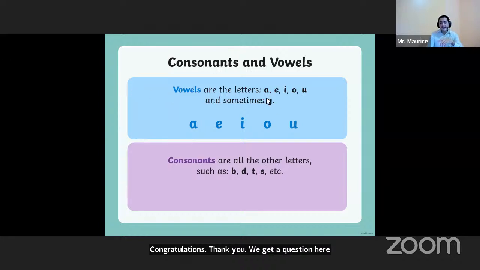Ok, hay que tener en claro esto porque vamos a aprender gramática. La gramática que vamos a aprender en este momento está relacionada al present continuous: cómo añadir este sufijo a la base de los verbos. Entonces, antes de comenzar tenemos que tener en claro qué son vocales y consonantes. Muy fácil.